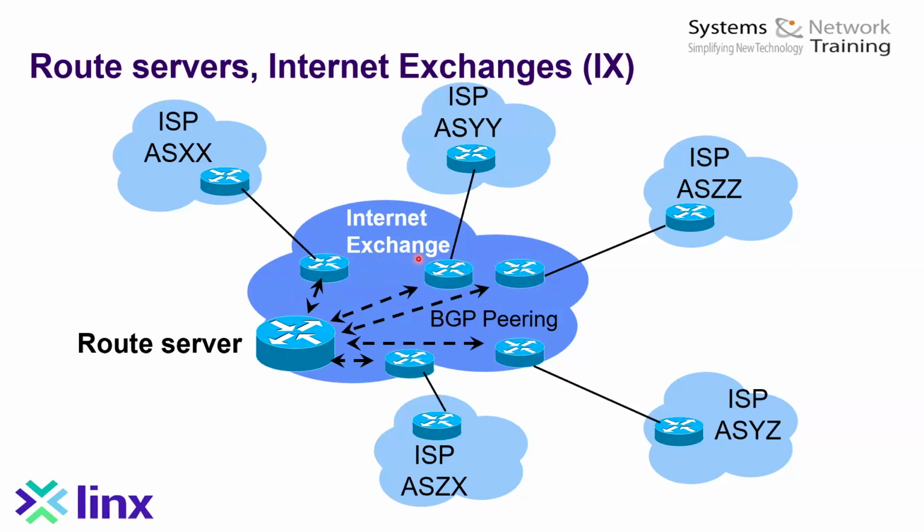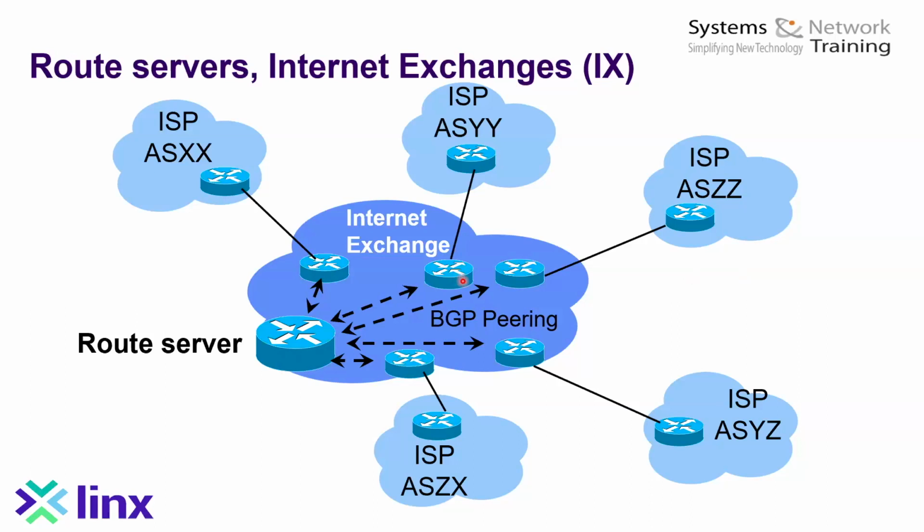So that high-speed interconnection, I've just got 5 in my example here, but it scales to hundreds and hundreds of service providers, or ASs, that can interconnect and BGP peer with each other through these facilities.